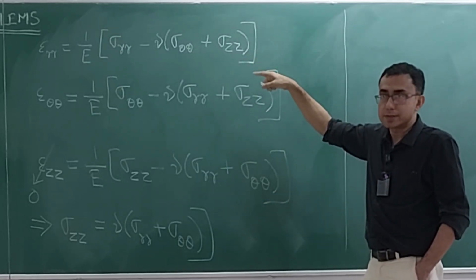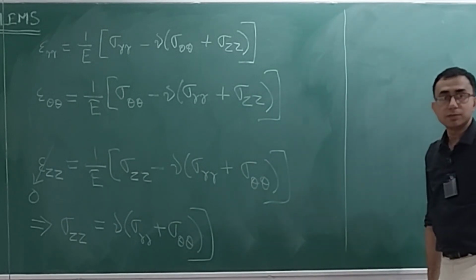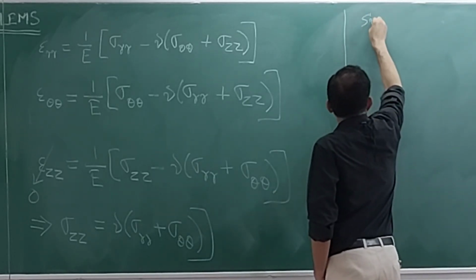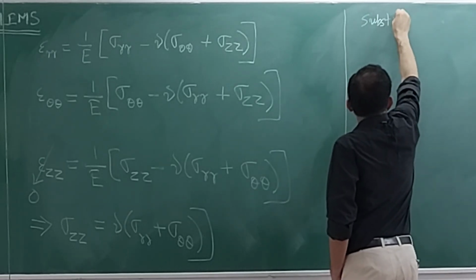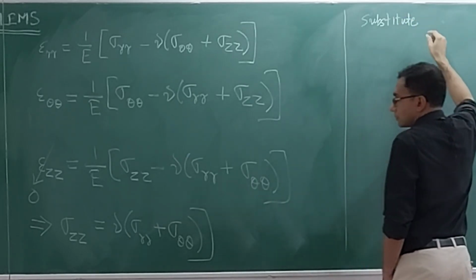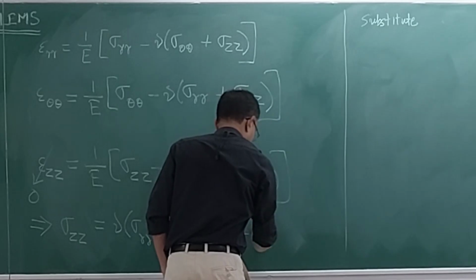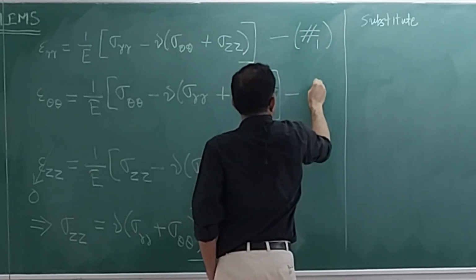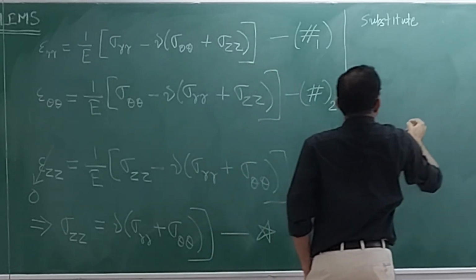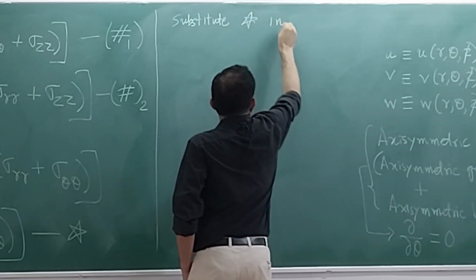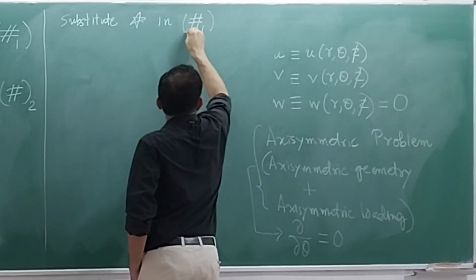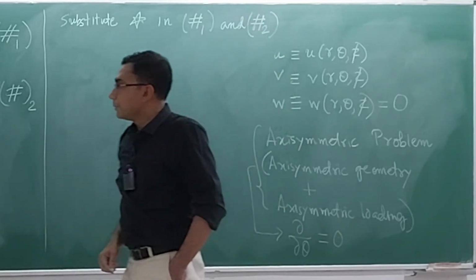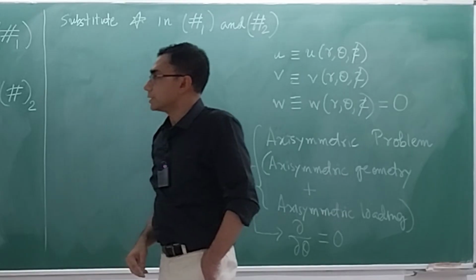Do it yourself. Tell me what you obtain for epsilon rr and epsilon theta theta.